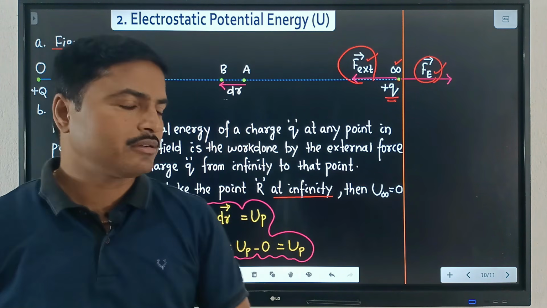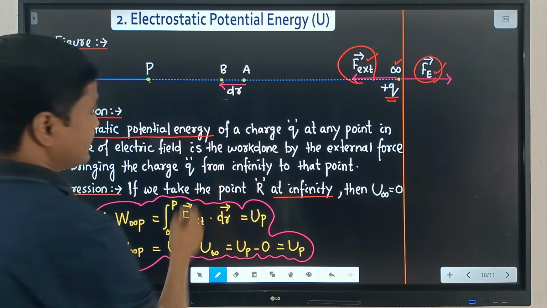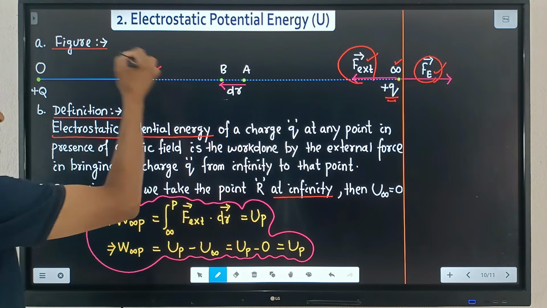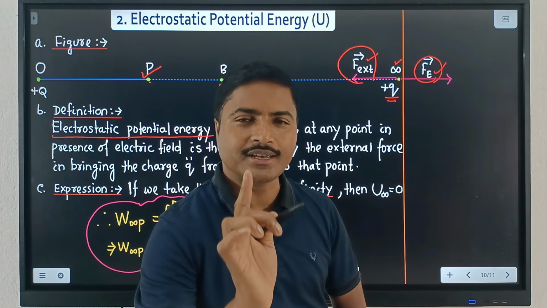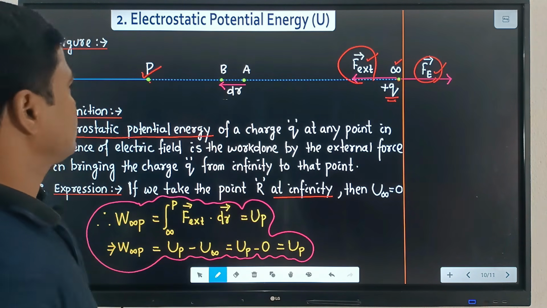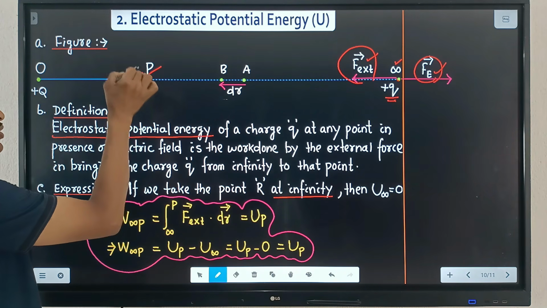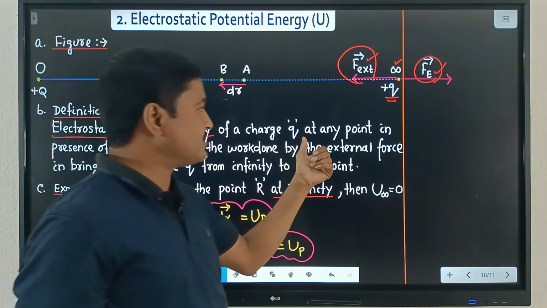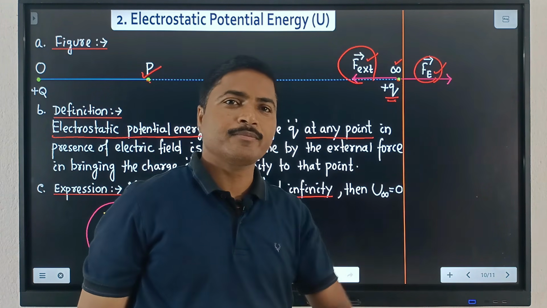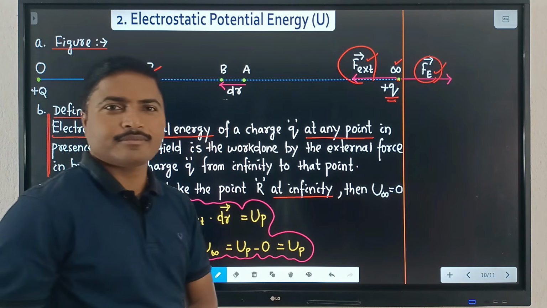And this work done by this external force is known as the electrostatic potential energy at point P, because the test charge moves from infinity up to point P. So this is the electrostatic potential energy of a charge at any point, that is point P. And this is the definition of the electrostatic potential energy.